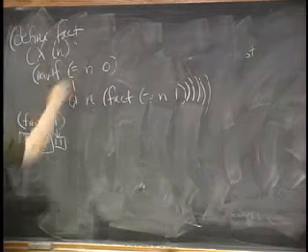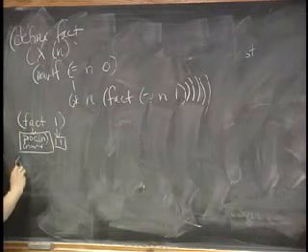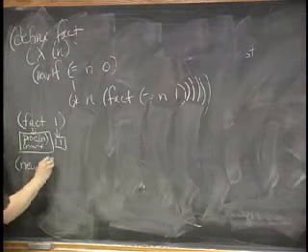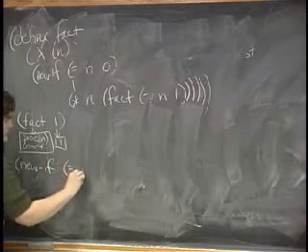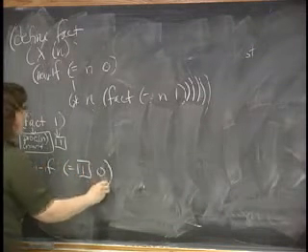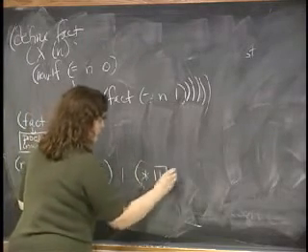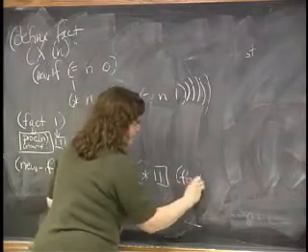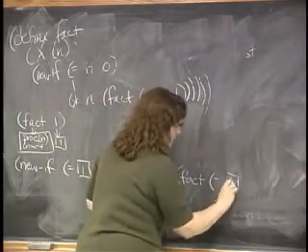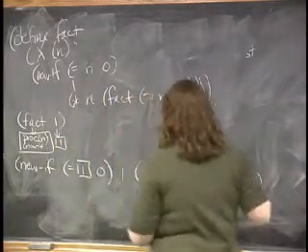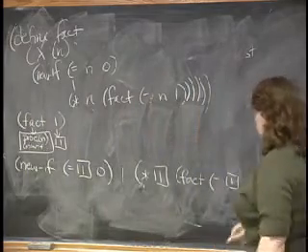Replace n with 1, which becomes a call to new if, equals 1, 0, 1, otherwise times 1, fact, minus 1, 1, 2.